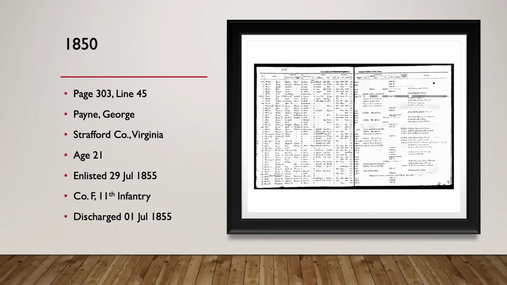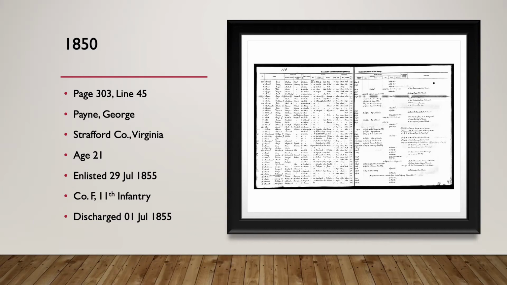Age 21. Actually, this one says Stafford, not Strafford. They finally got it right. Age 21. And nope, actually this one does say Strafford. Age 21, enlisted 29 July 1855. Company F, 11th Infantry, discharged 1 July 1855.